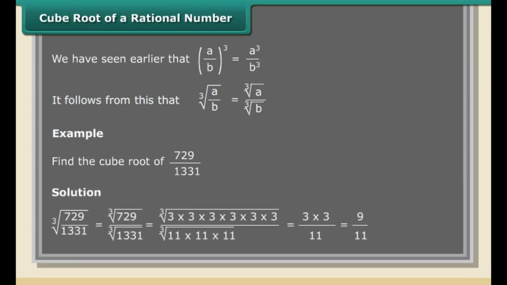Cube root 729 upon 1331 is equal to cube root 729 upon cube root 1331, which is equal to cube root 3 into 3 into 3 into 3 into 3 into 3 upon cube root 11 into 11 into 11, which is equal to 3 into 3 upon 11, which equals 9 upon 11.